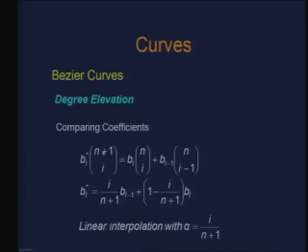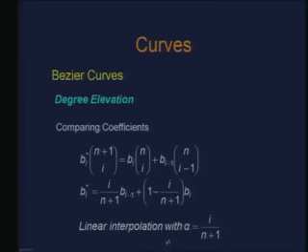Now, further simplifying this actually gives me these B i stars as nothing but i over n plus 1 times B i minus 1 minus i over n plus 1 times B i, which is nothing but some sort of a linear combination of these Bezier points B i minus 1 and B i.